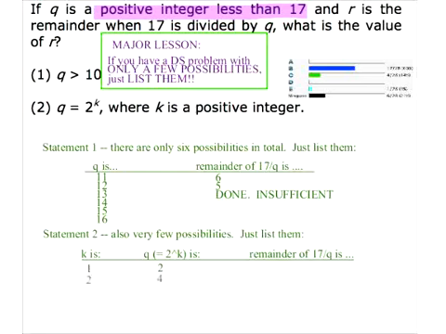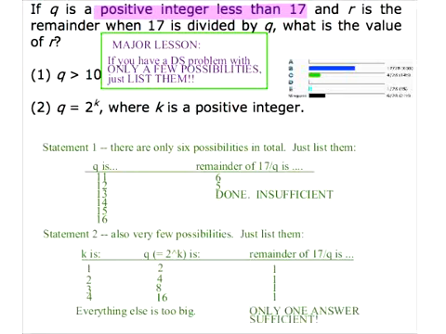If K is 3, then 2 to the 3 is 8. If K is 4, then 2 to the 4 is 16. Everything else is too big. So we just got to find the remainders here. This is an exhaustive list. So 17 divided by Q, remainder is 1. This remainder is 1. This remainder is also 1. This remainder is also 1. So there's only one answer, and so that's sufficient. So overall answer here is A.